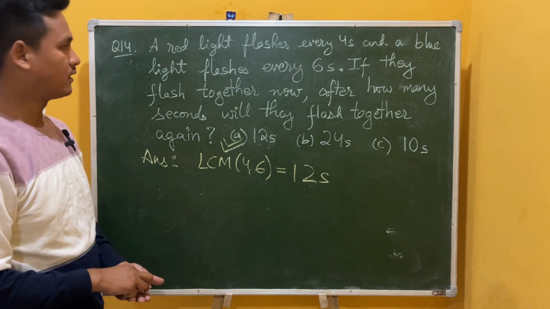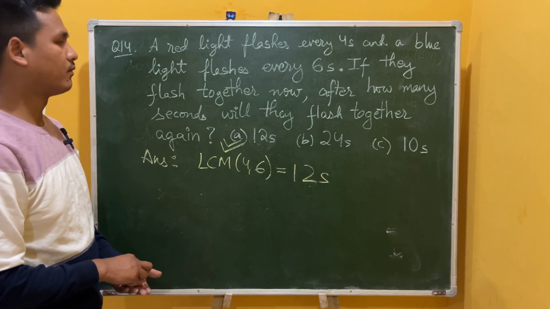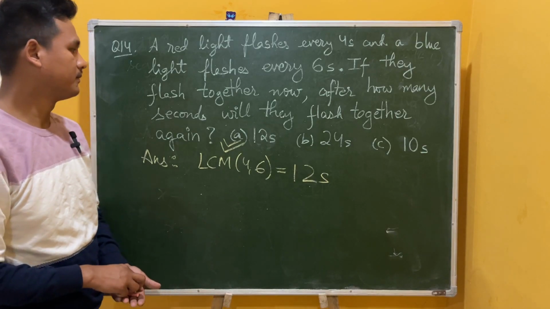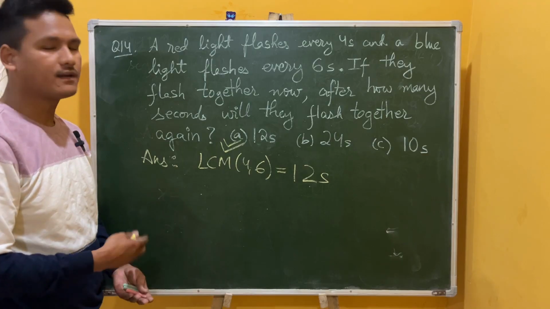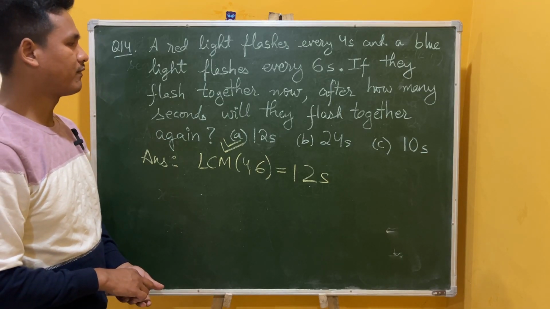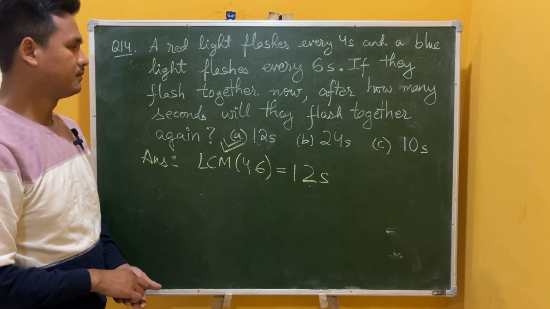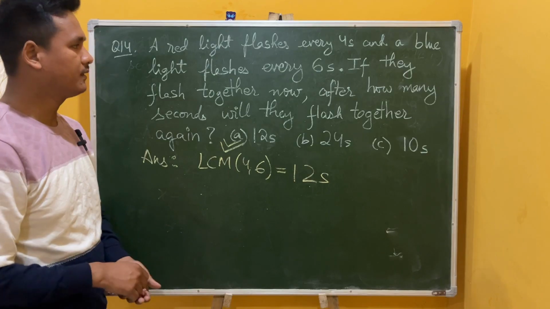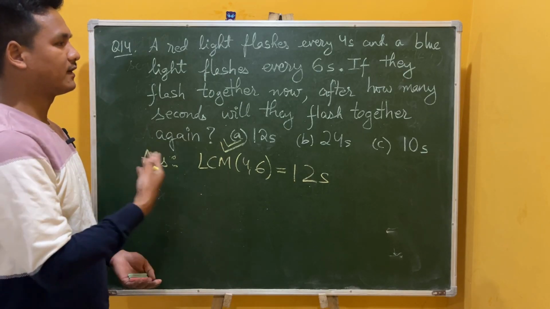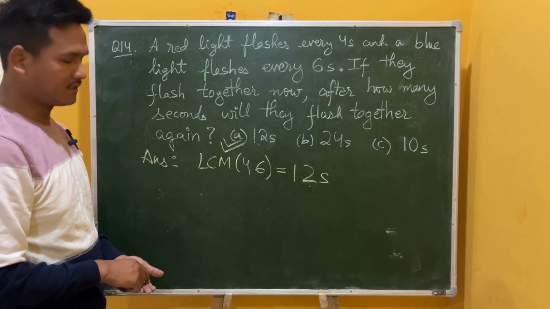A lot of students struggle in understanding word problems that come from HCF and LCM. Whenever you see questions where you have to find the least, minimum, something that is repeating, like traffic lights, bells ringing, there you'll find LCM.